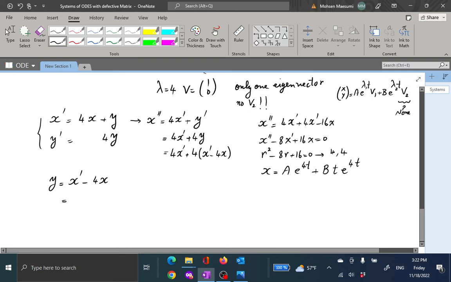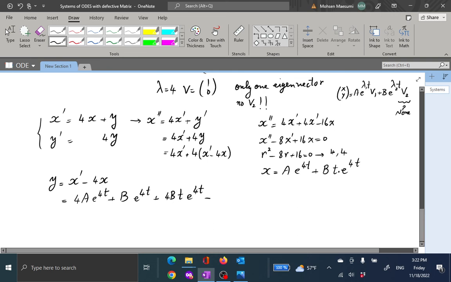The derivative of this is 4a exponential of 4t, plus, now you have to apply the product rule. The derivative of t is just 1, exponential of 4t, plus 4bt exponential of 4t.